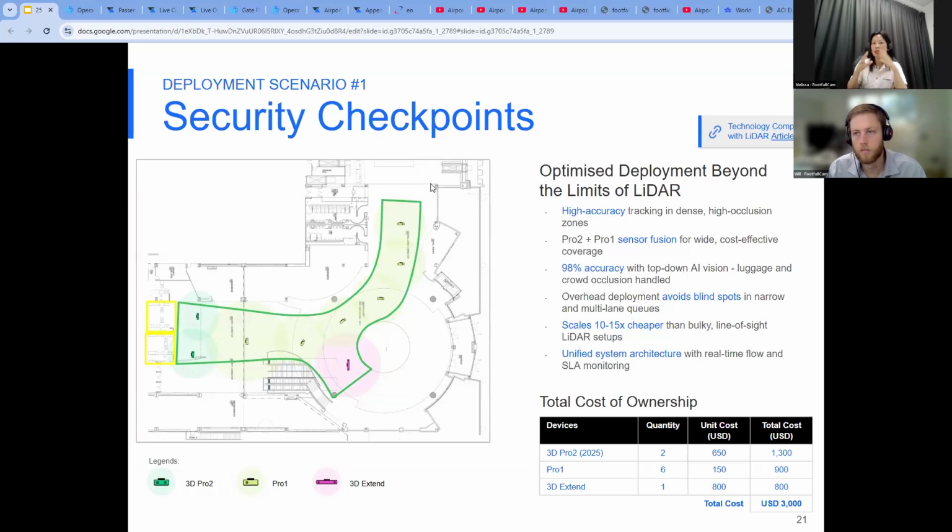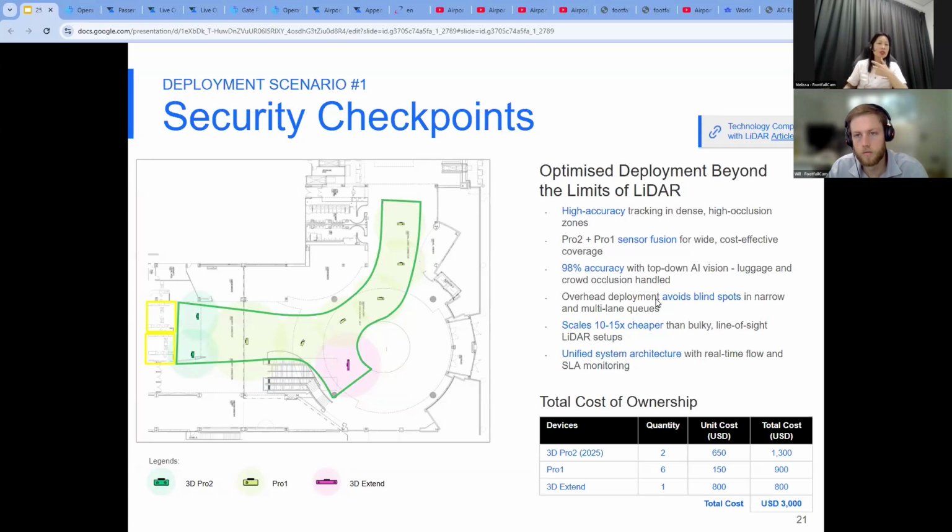Even when the scene is packed, as we mentioned, we can count 2,000 people in the view. And thanks to the visual field advantage of the overhead deployment, we're able to see over the crowd, avoiding blind spots that any side-mounted or single angle system often suffers from.